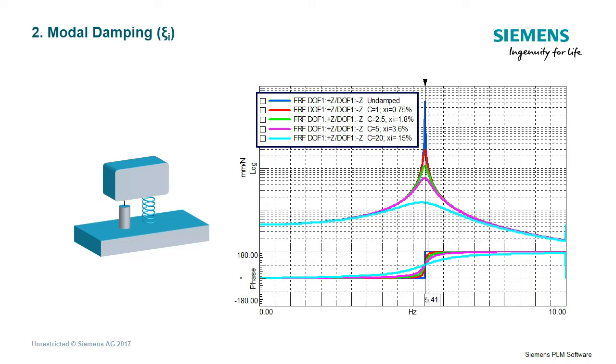The effect of damping is even more clearly visible if we convert again from time domain to frequency domain, calculating the frequency response function. In this example, we have progressively increased damping. It's immediately clear that by adding damping, the amplitude at resonance of the vibrations will decrease. The phase shift at resonance will also become more and more smooth.